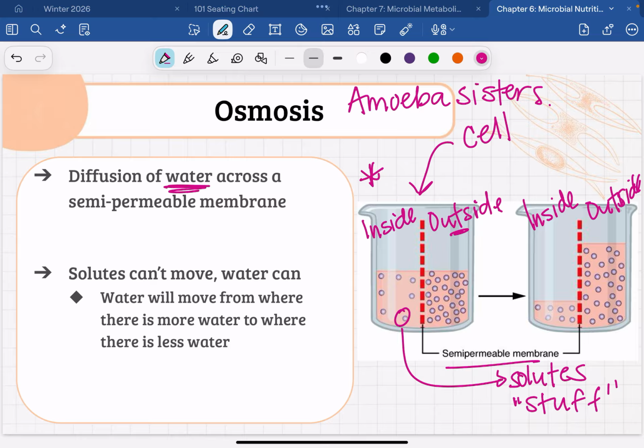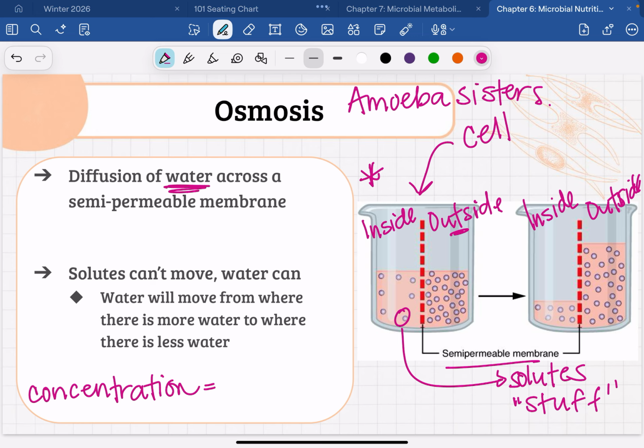But it can't. So because the protein can't move, what we want to look at is the concentration of the water. Now, this is talking about how much water there is. So we're talking about concentration of the water.